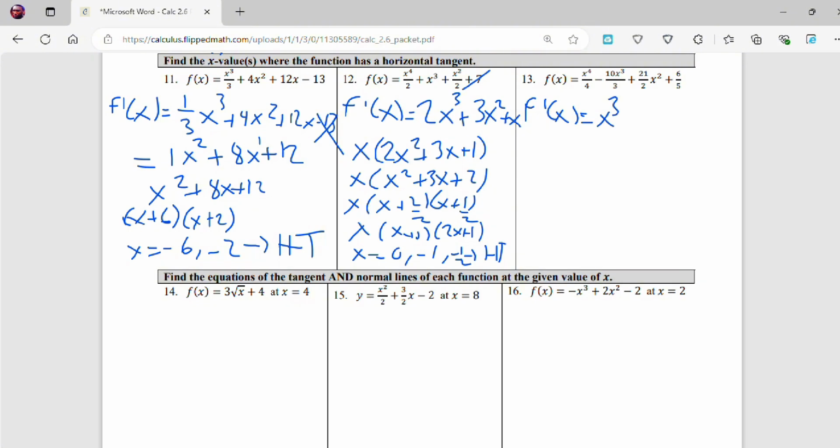You have a 3 as your exponent and a 3 in the denominator. So those 3's cancel out, and then you're left with 10x squared. Again, same thing: x squared is the numerator, 2 on the bottom. So plus 21x. And then 6 over 5 is a constant, so it's 0. So again, we can factor out the x.